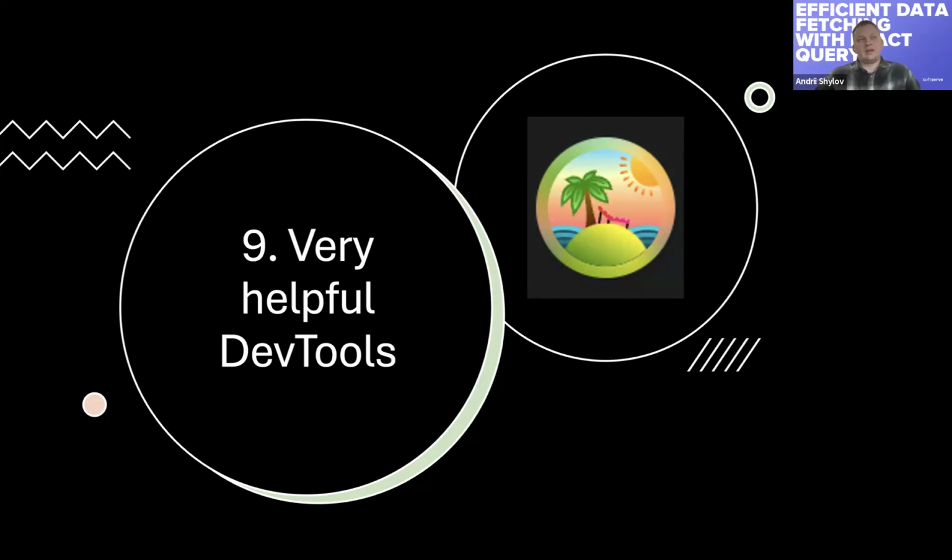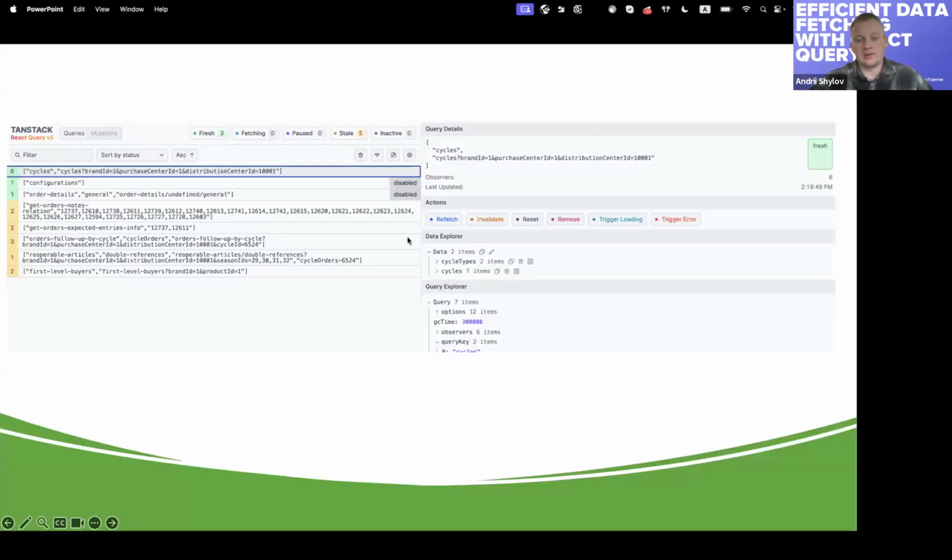And the last thing, I guess, is the very helpful dev tools. I showed you before that you can install it as a different package, and you will see this great picture below in your viewport, at the bottom. Then click on that, and you will see something like this. It's a screenshot from a real project, from our project.